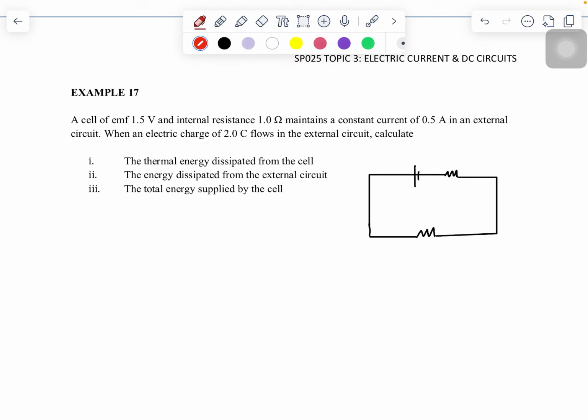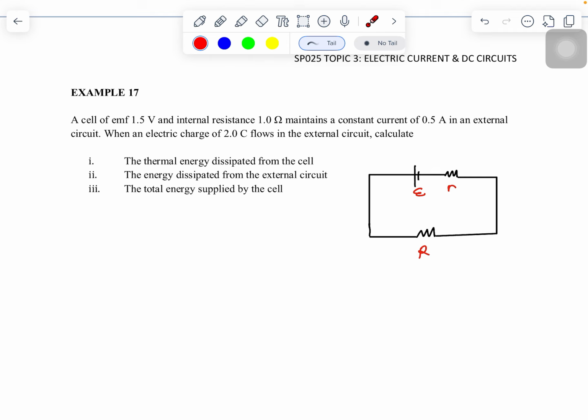Cell contains the EMF, the internal resistor, and then external yang berada dekat luar daripada battery lah ataupun daripada cell. Okay, it doesn't mention dia ada resistor, tapi bila kita cakap external circuit tu, so kita assume ada resistor lah dekat luar tu.